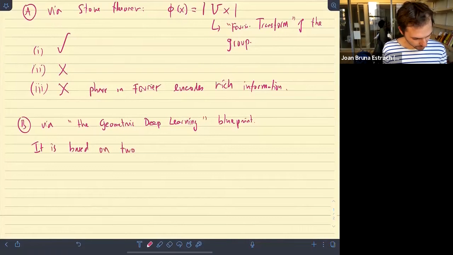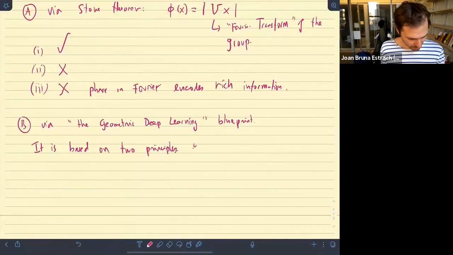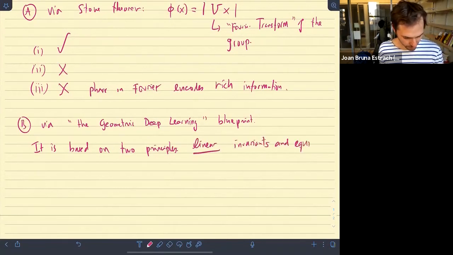And two principles. The first one is understanding the linear invariance and equivariance of the group.